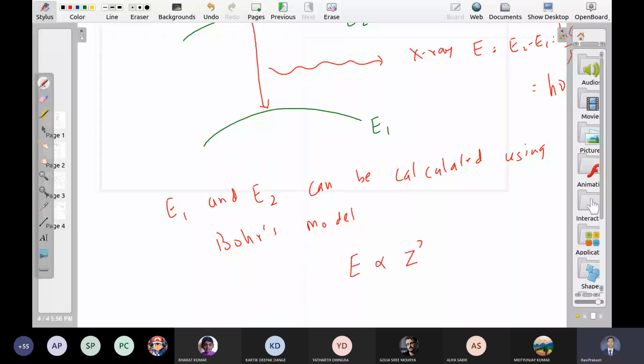Atomic number of the nucleus. Okay, Z square by N square. Z square divided by N square also, right?